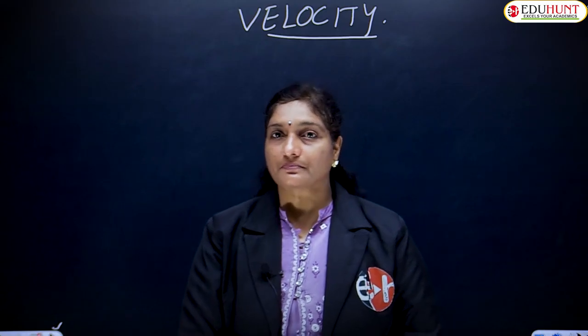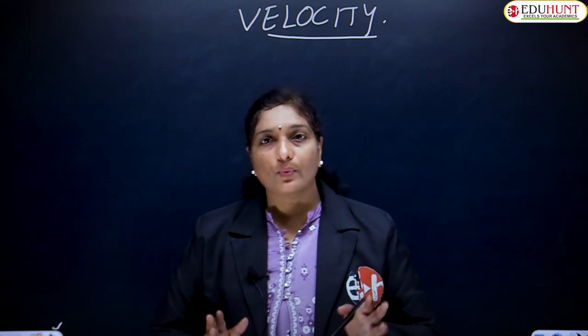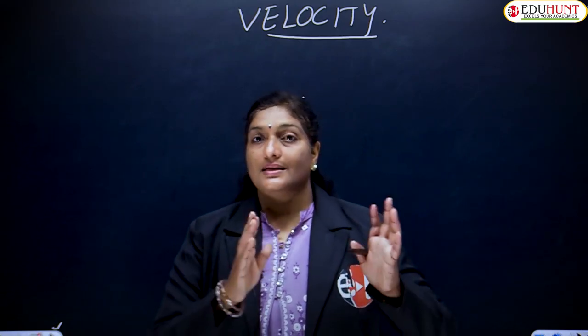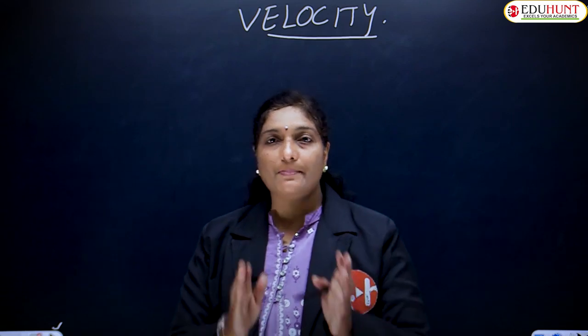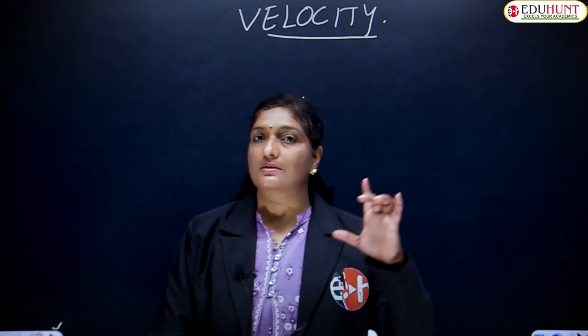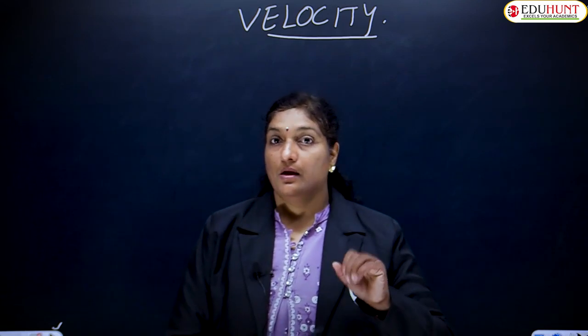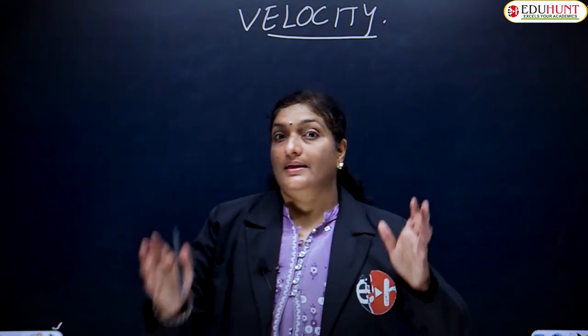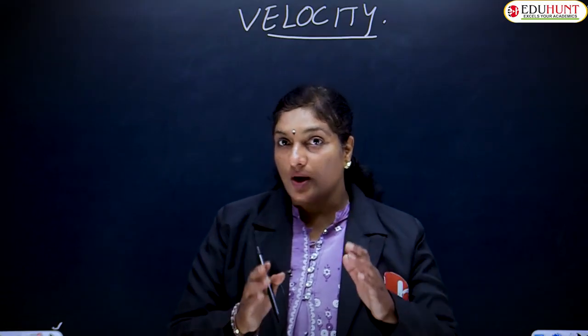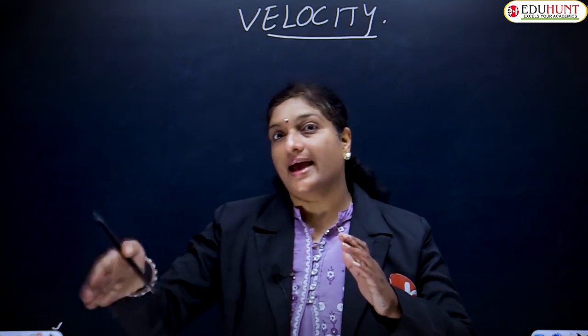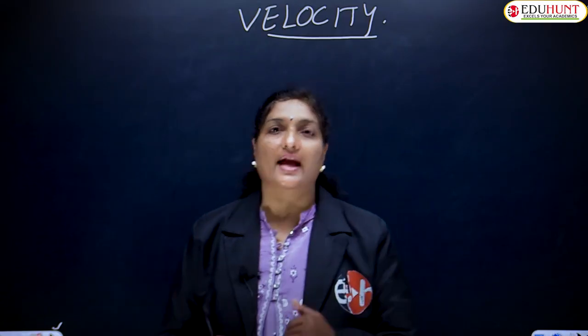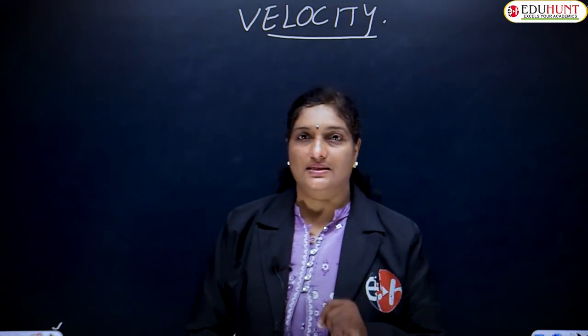Okay children? So earlier we have discussed that the distance covered by a body per unit time is called speed, whereas the distance covered by a body in a specified direction per unit time is called velocity.